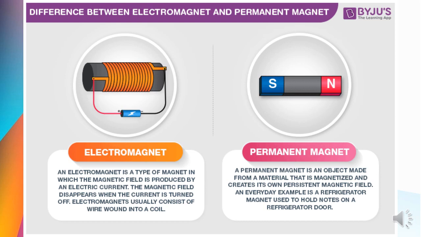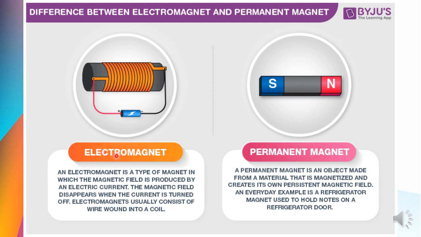So the difference between electromagnet and permanent magnet is the following. We should have a coil of wire, and this wire connected to a battery. That's simple. When we do that, this coil will become a magnet. It will do the same function as a magnet.